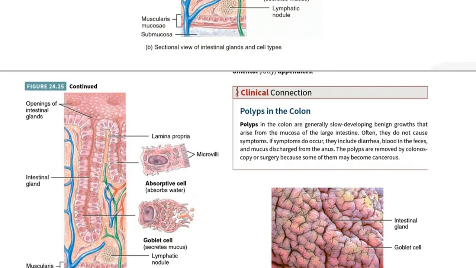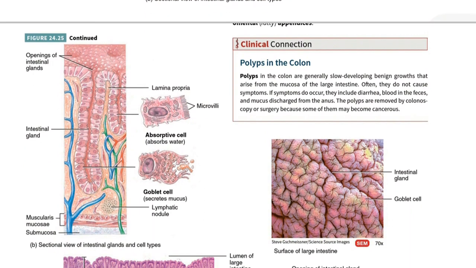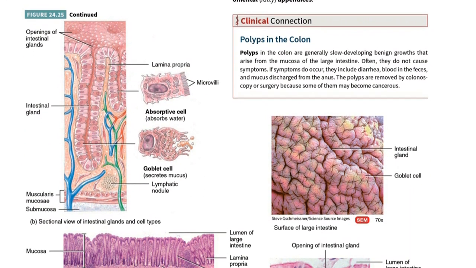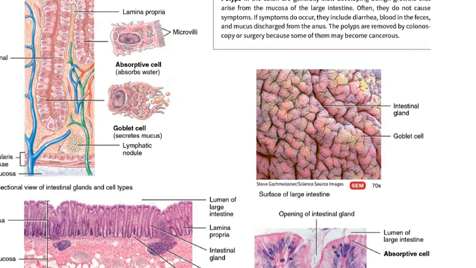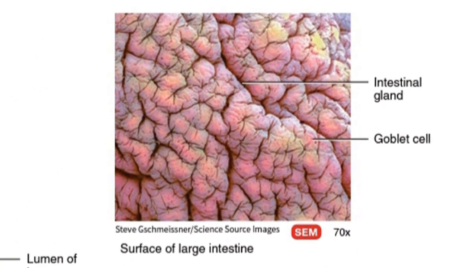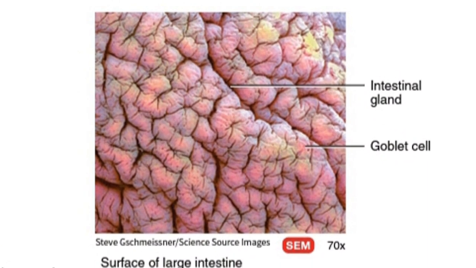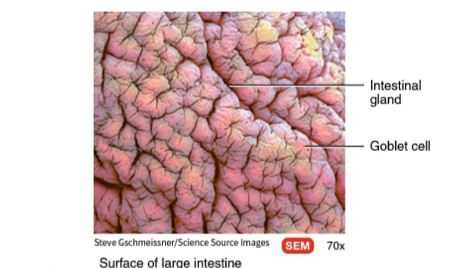Moving on to the fifth point. Before that, observe this figure: intestinal gland, goblet cell.